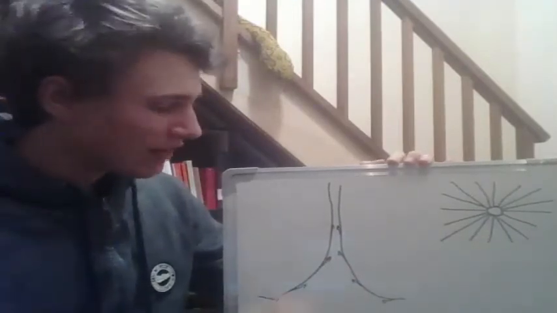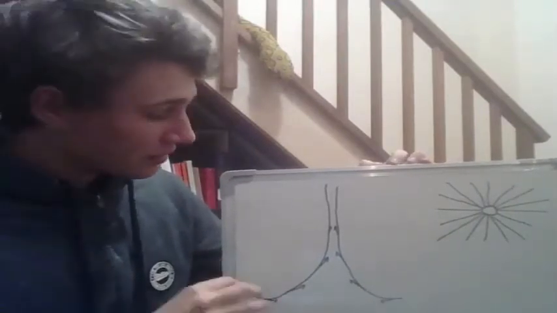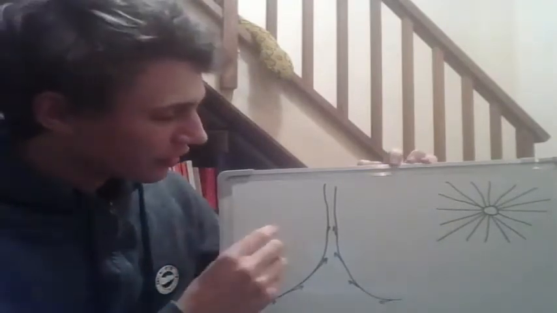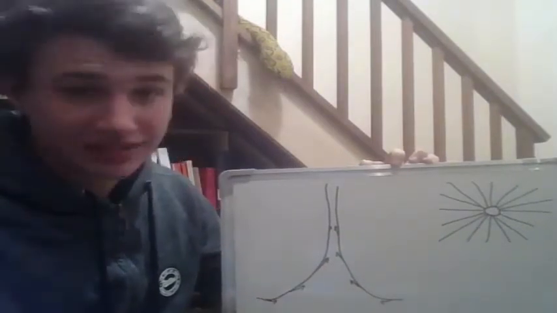So technically around any charge or anywhere in any field, you can draw infinitely many field lines, but that's not very helpful. But if you draw a certain amount, one of the nice features of these lines, due to Gauss's law, is that the closer these field lines are to each other, the stronger your electric field is at that point.